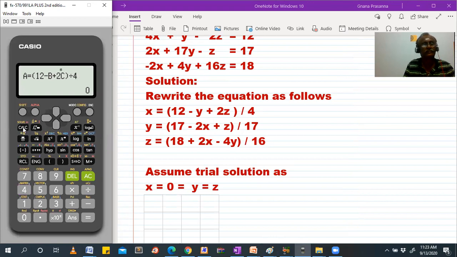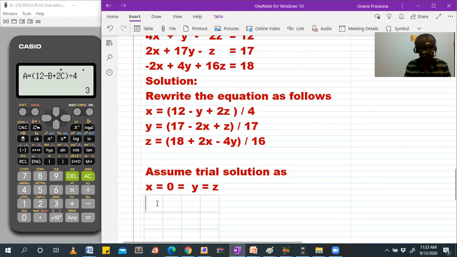Now calc: initially B is 0, C is also 0, so we get 3. So the first iterative value is 3.